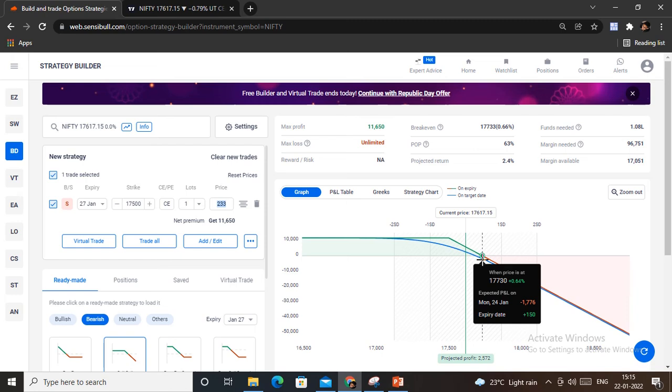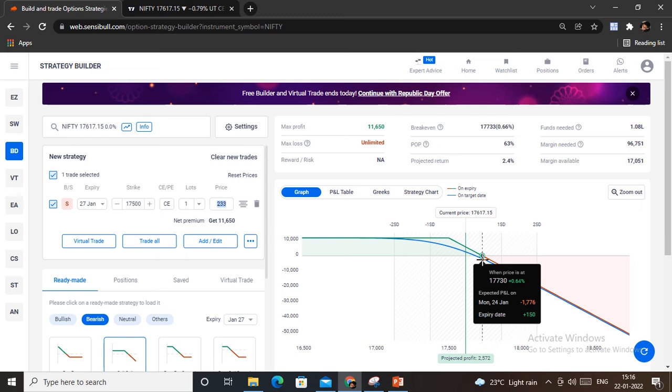So the people who are selling the call options going in the money, what is their view? That even if the market goes above, it will not cross the range of 100 points from now. The market cannot move above 100 points from now. That 17,730 is the level by which the market is going to get resistance.